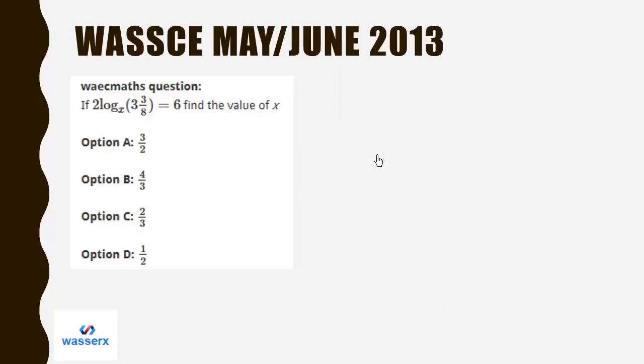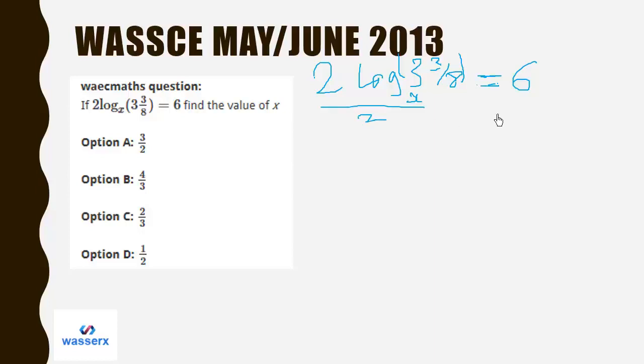Now we have this. So what we can do now is, we know 2 is common to both sides, so we divide through by 2 to obtain log of 3 whole number 3 over 8 to base x is equal to 3.